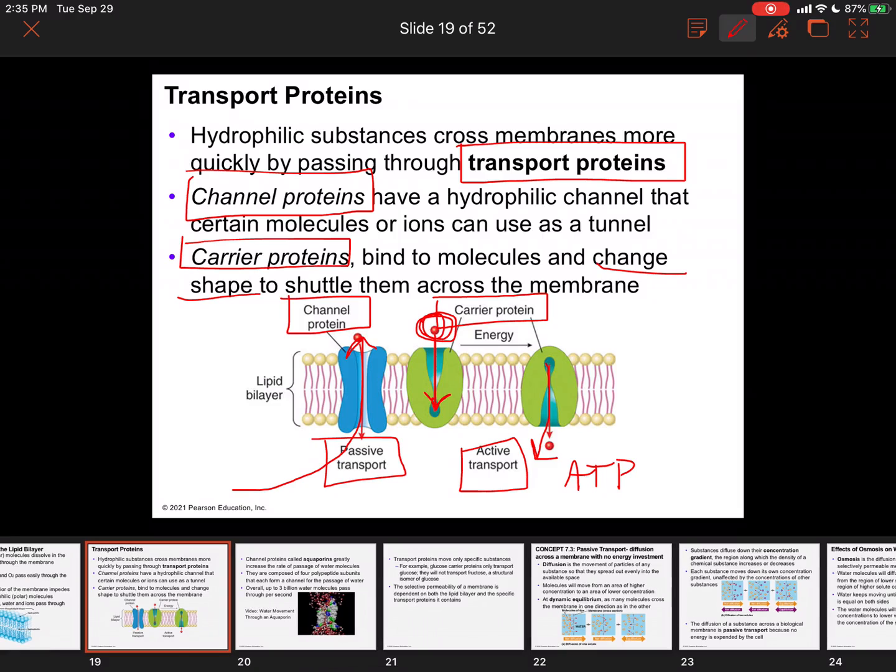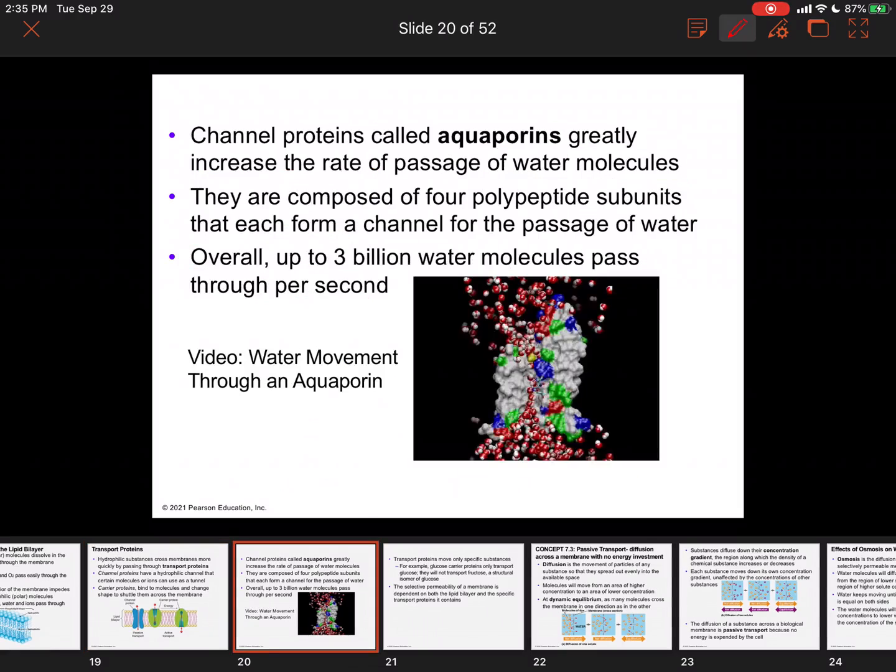Okay, now one channel protein that we use is called, so this is a channel protein, they're called aquaporins. Aquaporins are going to increase the rate of passage of water molecules. So that's how we get water molecules into the cell. They will pass through aquaporins.